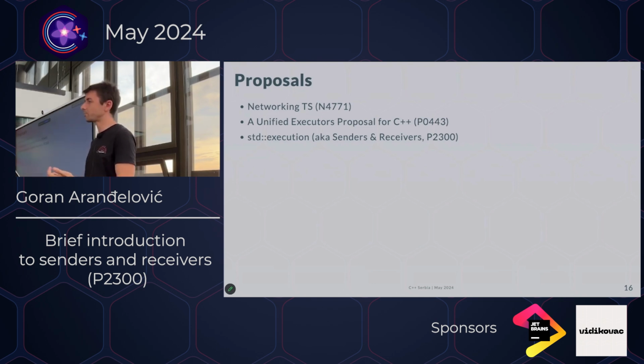And this proposal is derived from the unified executors proposals. This is so boring, I know, but I have to mention this because afterwards you'll probably go home, and in a month, maybe you will open some of these if you want to know the root cause of why we are talking about this.